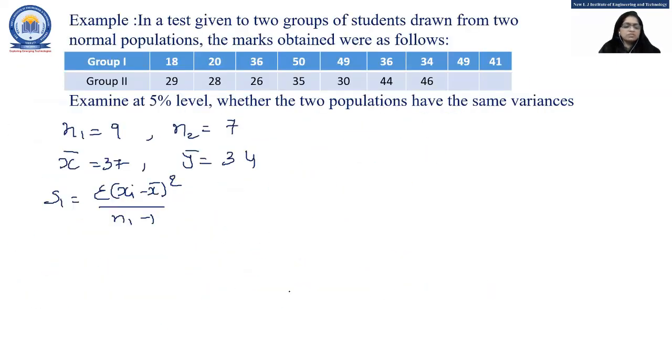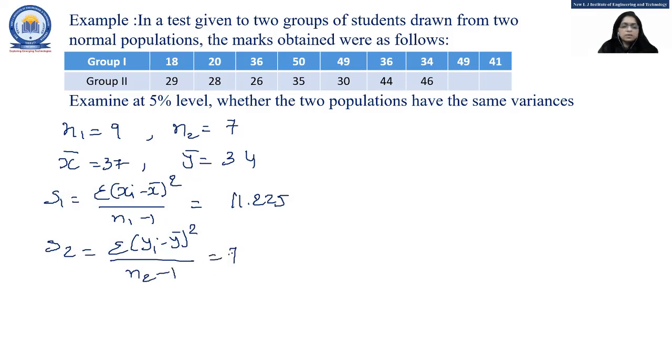With the help of this formula, we calculate s1, and that is 11.225. s2 is sigma (yi minus y bar) the whole square upon n2 minus 1, and here 7.426.